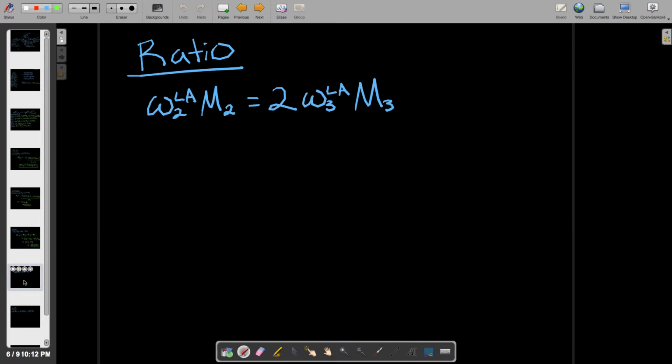Okay, so we're going to start with our ratio that we described earlier. And since we have now solved for the flow rates of M2, and we already know the mass fraction of LA in stream 3, we can go ahead and solve for the mass fraction of LA in stream 2.